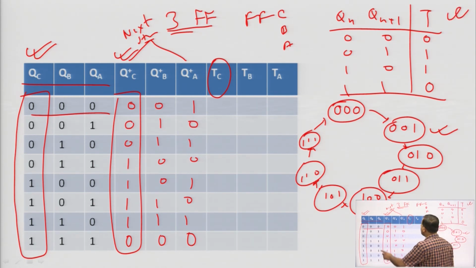So, 0 0 will be having T as 0, then for 0 0 again 0.